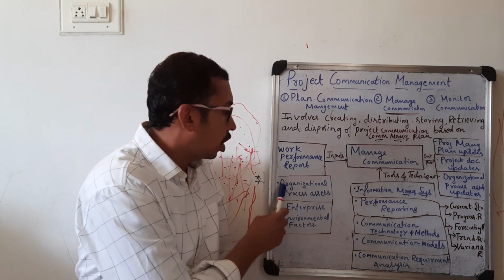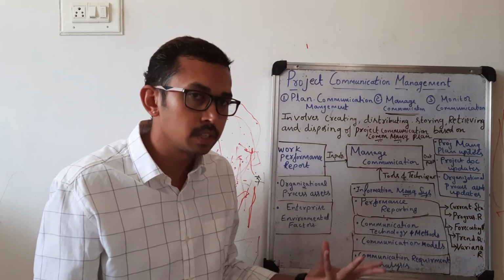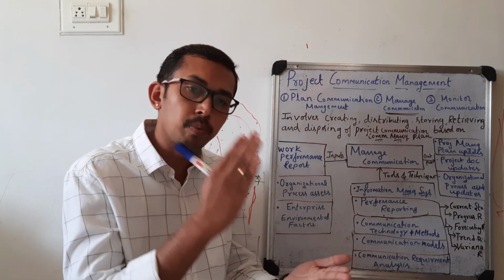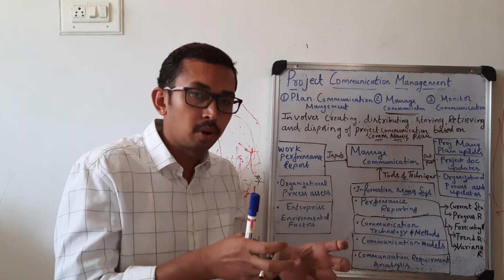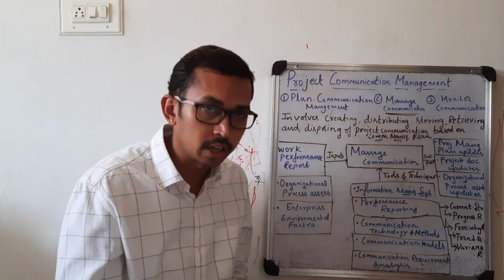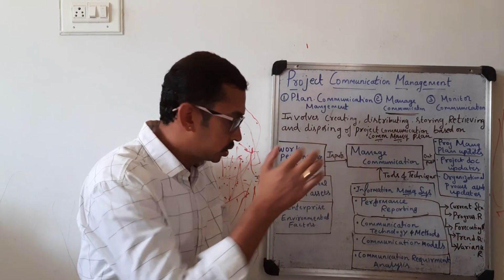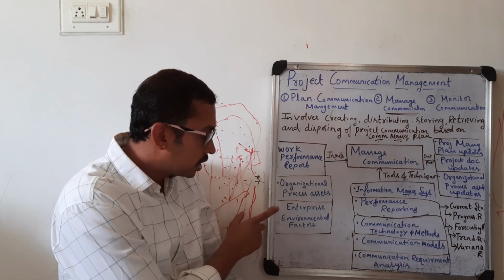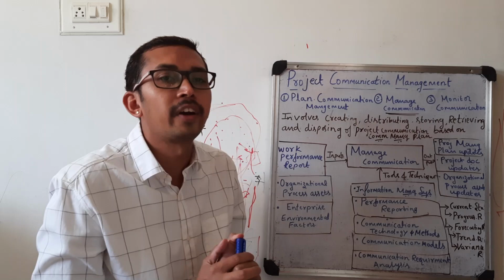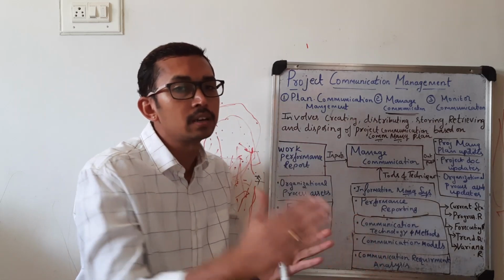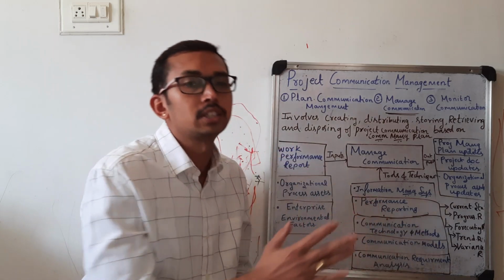The next input is organizational process assets. We already discussed this in the previous class: the procedures, policies and knowledge assets from past projects in the organization. The next one is enterprise environmental factors, which consist of internal and external factors that influence the success of a project.